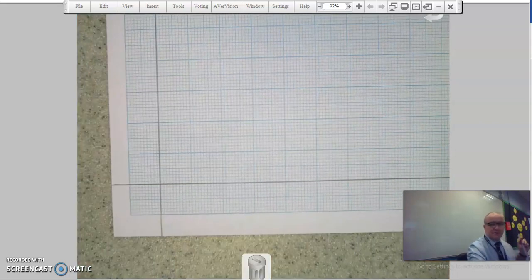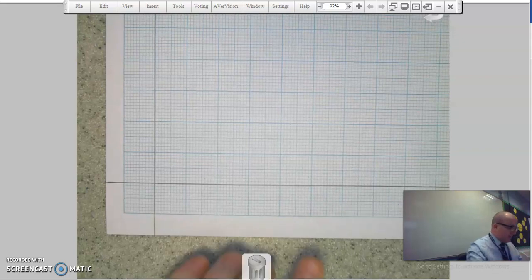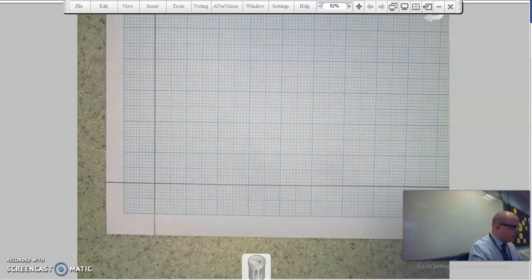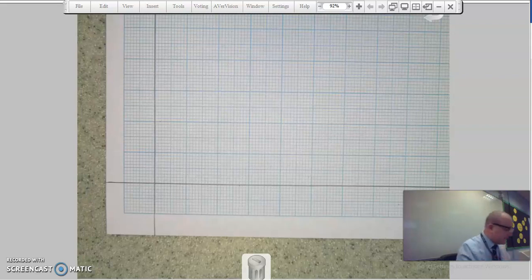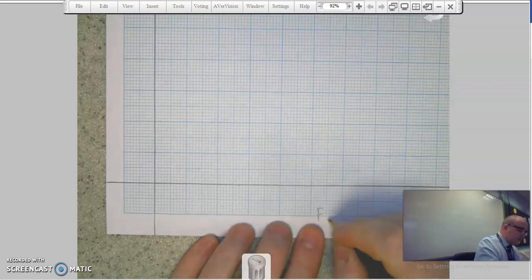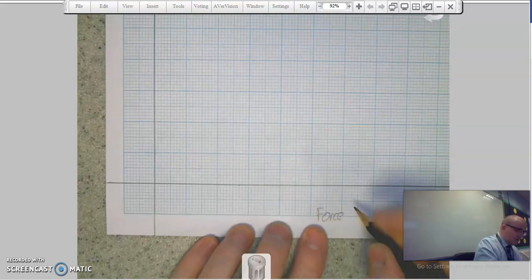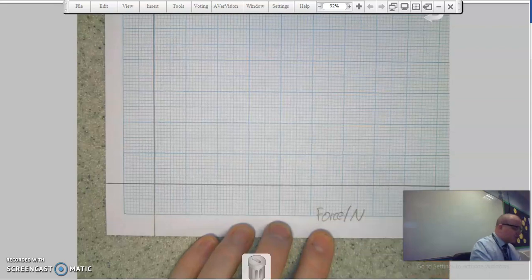Like this. And then before I do anything else, I'm going to label up my axes so I know which bit of data I'm putting on which. Remember, our independent variable, the thing that we changed, always goes on the x-axis. In this case, that was the force that we applied to the spring, so I'm going to label this force, in newtons.